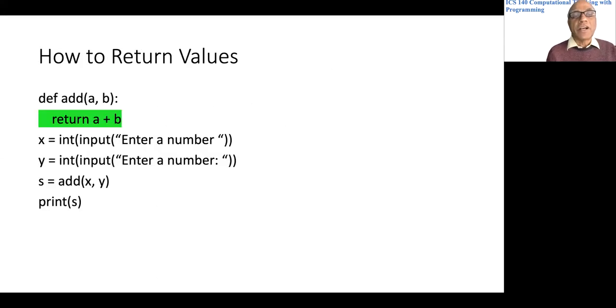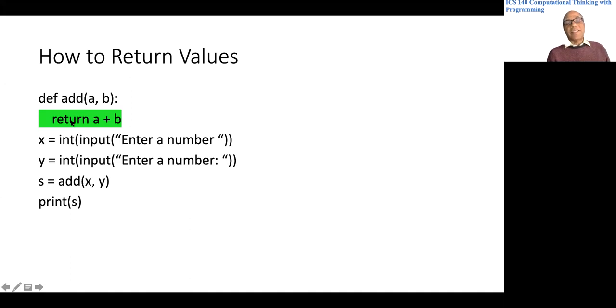We can write our own functions that return values. How do you do that? Here is a function called add. It has two parameters, a and b. What this function does is it adds a and b and uses what is called a return statement.